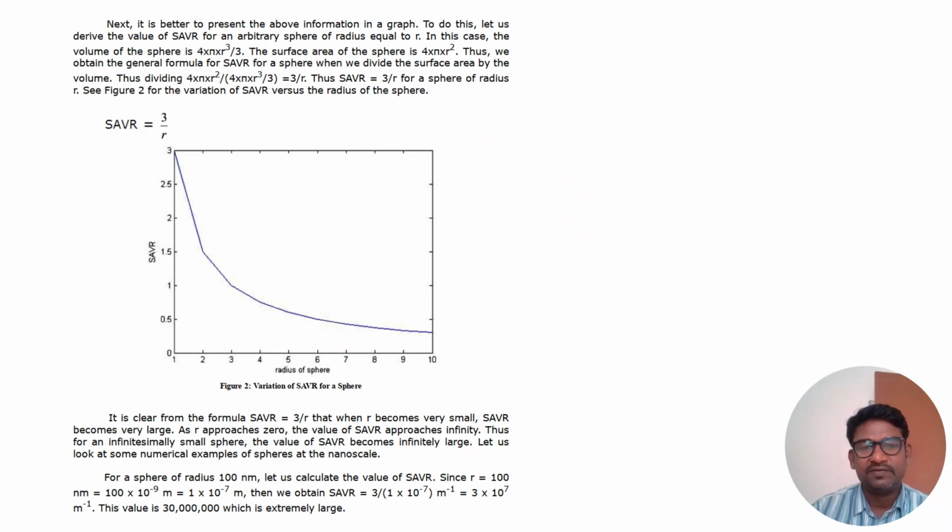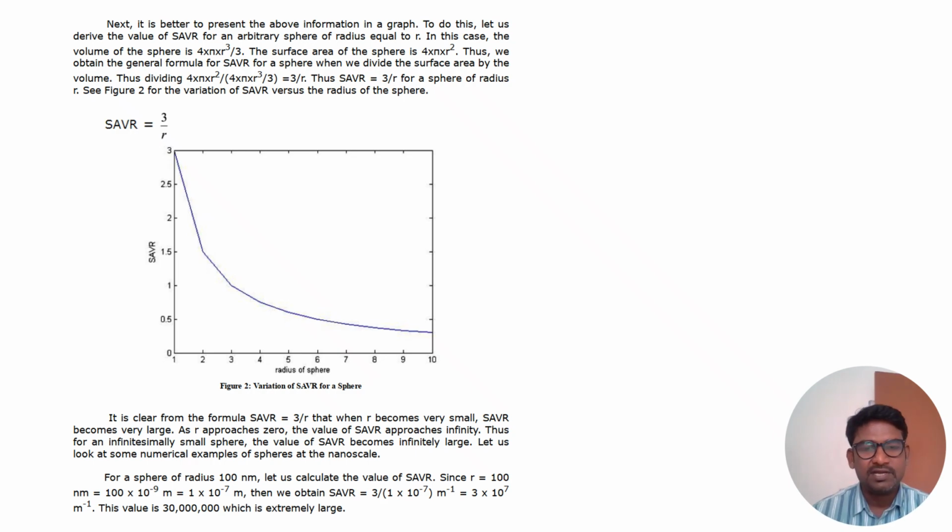Same as the previous case, we can find the formula using the volume and area, and the final formula is going to be 3/R. So we can use this formula to calculate for any case. Here also, as the radius of the sphere decreases, the surface area to volume ratio increases. This is the graphical representation.